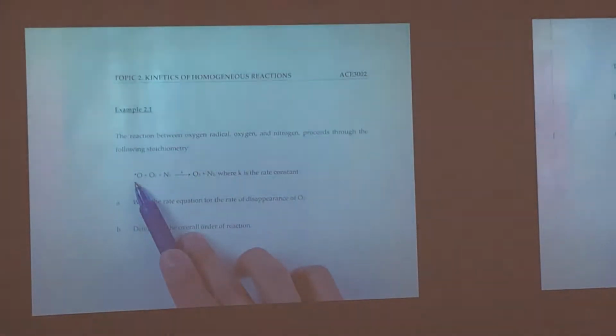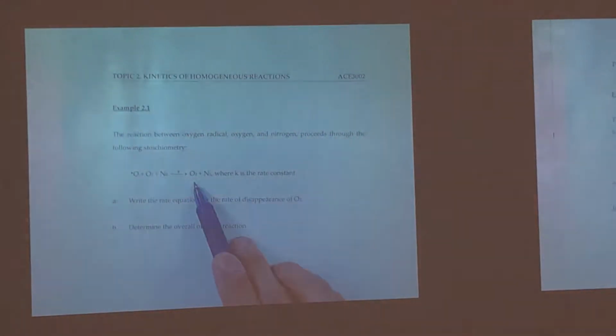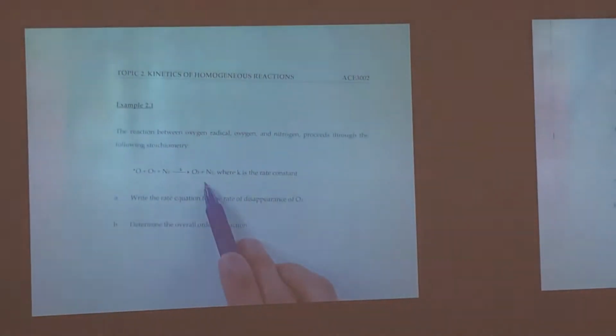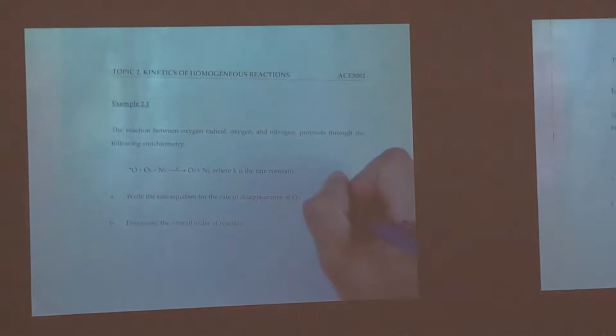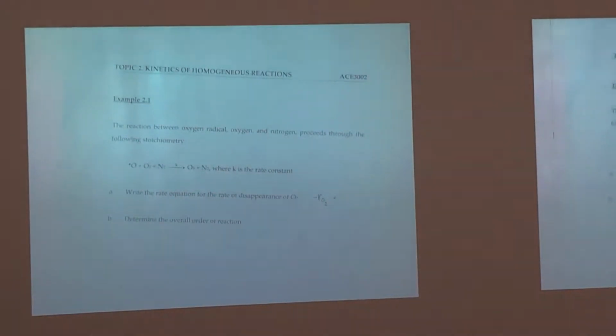Oxygen radical, plus oxygen, plus nitrogen. And the product you have is O3, or ozone, plus nitrogen. Write the rate equation for the rate of disappearance of oxygen. The rate of disappearance of oxygen is minus d[O2]/dt equal to what?